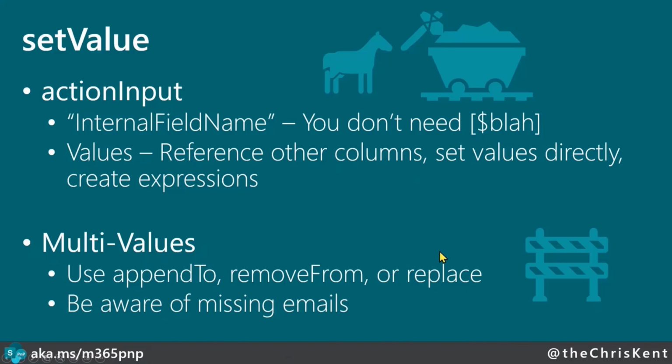I haven't really found a lot of use cases where I'm wanting to do that, but it may come up, especially if you're using a choice column in a weird way, where it actually means a couple of different things. But overall, you're mostly going to be using append to and remove from for multi-choice or multi-person columns. For just single person columns, you're just going to use the email address or not, and so on.